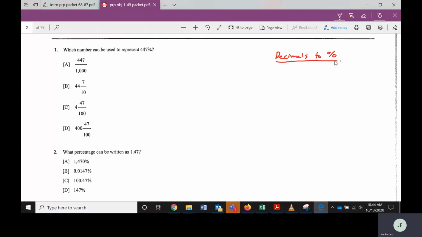So if we're going to take a number and go decimals to percents, I'll call this example A. If you have 0.25, and we want to change that to a percent, to go decimal to percent, you make the number bigger by 2 spots, or move 2 to the right.